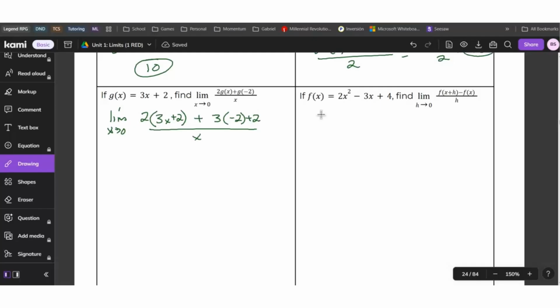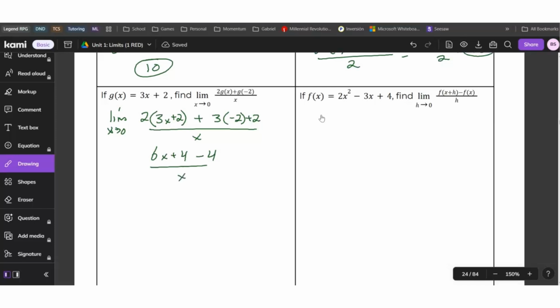Okay? So let's work that out. Here we're going to just distribute the 2 in. We're going to get 6x plus 2, or sorry, plus 4, minus 6 plus 2, which is -4, over x.